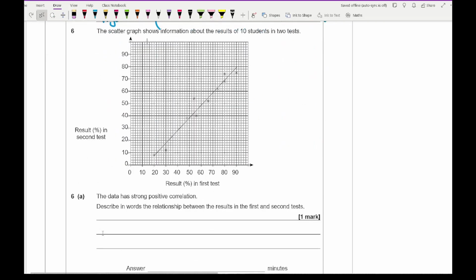Then moving on to question 6, it says the scatter graph shows information about the results of 10 students in 2 tests. It says the data has strong positive correlation. Describe in words the relationship between the results in the first test and the second test.